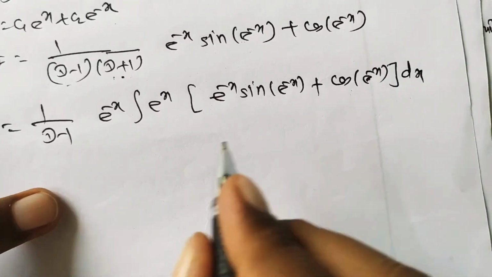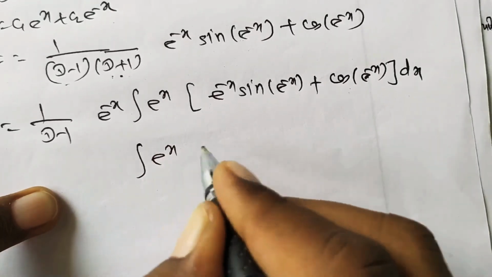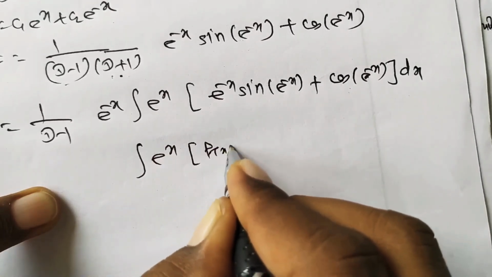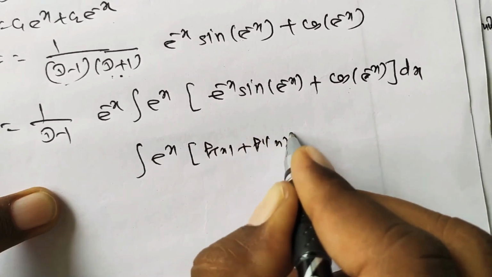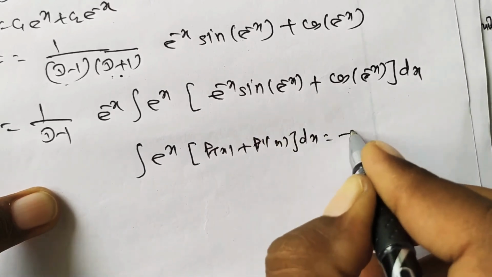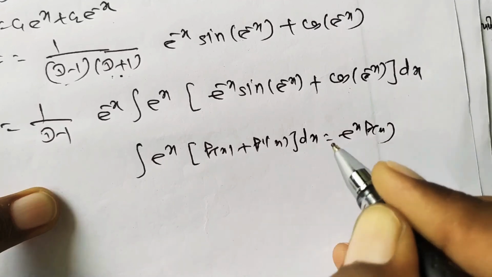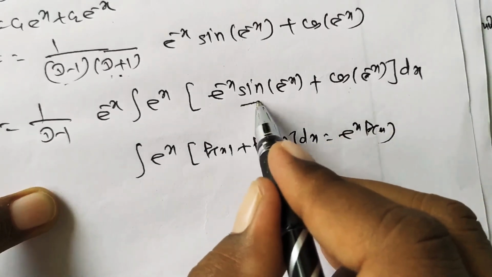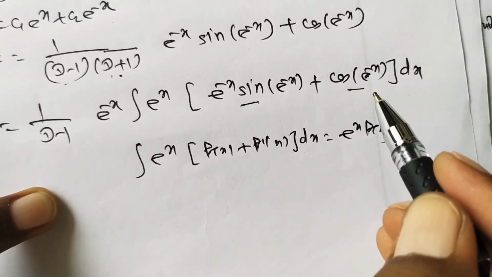Now how do we find the integration? Again the same formula: the integration of e raised to x into f of x plus f dash of x dx is equal to e raised to x f of x. Here there are two terms; which one is f of x?